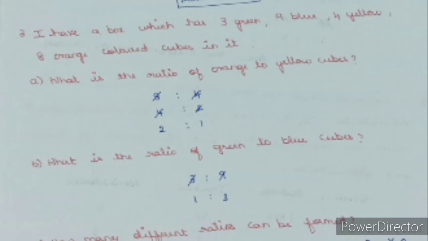What is the ratio of orange to yellow cubes? So, what is the orange? 8 is to, how many yellow do we have? 4. 8 is to 4, in the 4 table itself we can cancel this, no? So, how many 4s are there in 8? In 8 we have 2. So, 2 is to 1. So, what is the ratio of orange to yellow cubes? It is 2 is to 1.